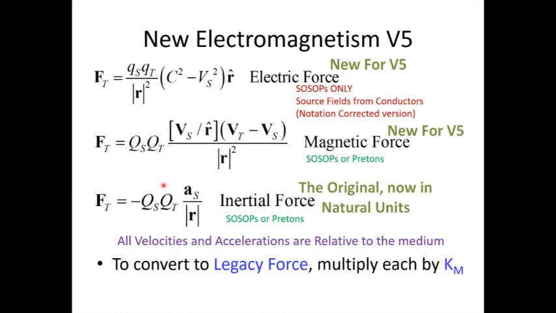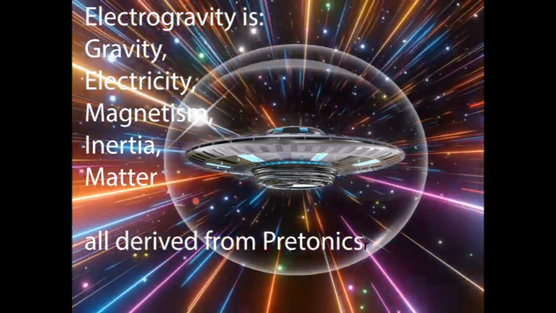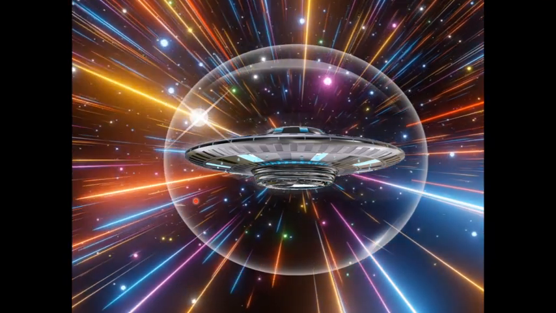This is the new induction from 20 years ago. It's just now being said for sure now. It's definitely the inertial force model, and it's being shown in its natural units for the first time. This is the end of electrogravity. This is not the end of ethereal mechanics. We have a lot more to go.